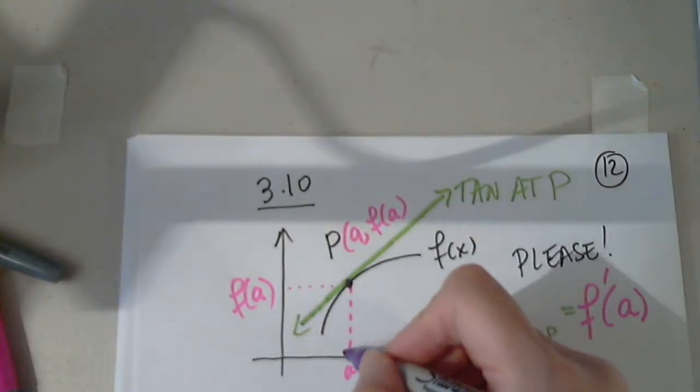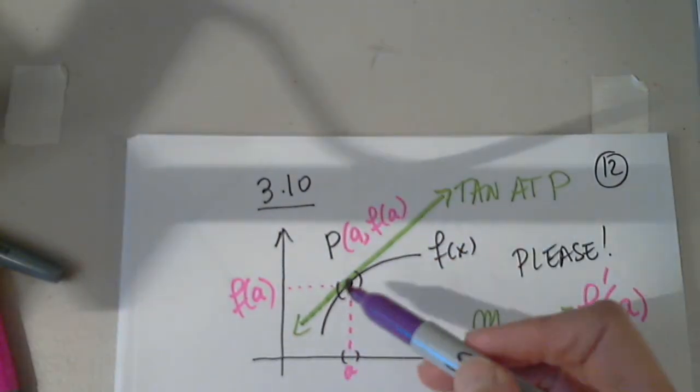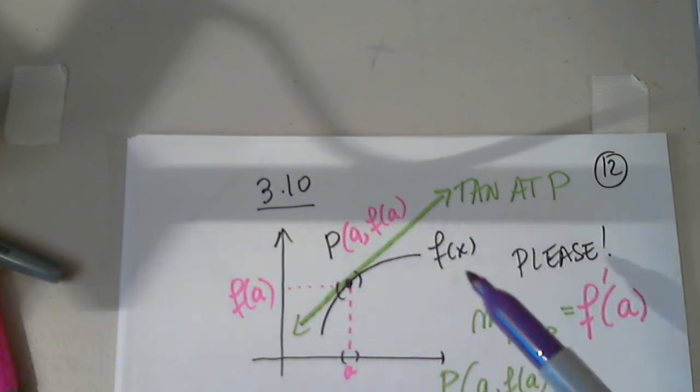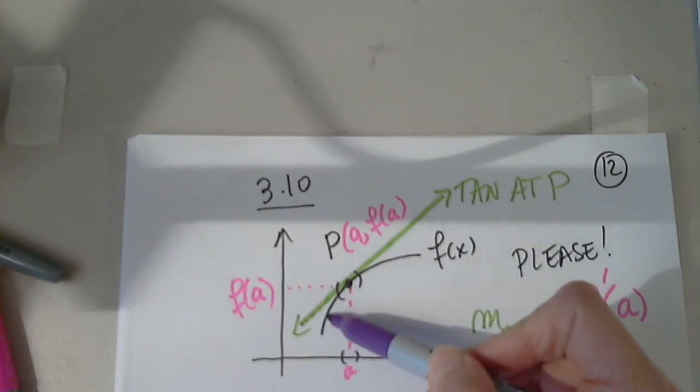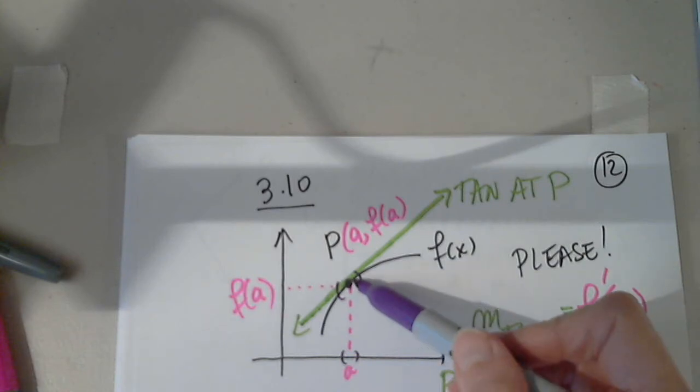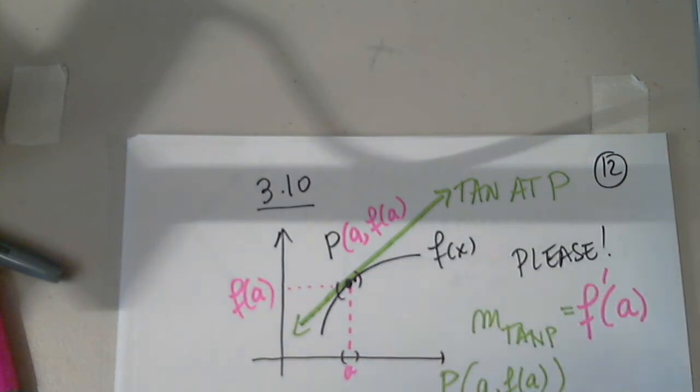I'm telling you that near A, if you use the line to estimate f of x, or you use the function to determine the value here, they're going to be very close.